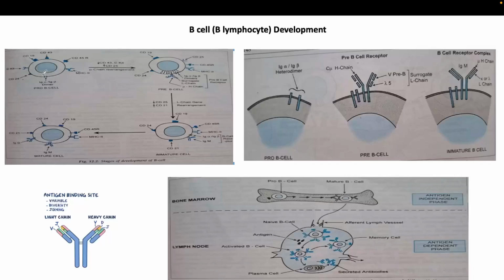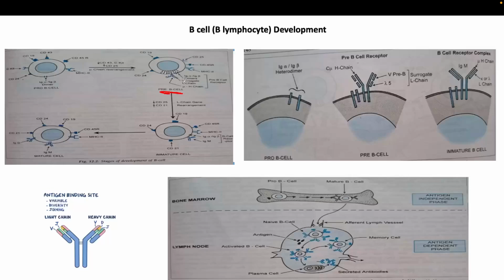That's why the heavy chain rearrangement takes place here, and once it takes place it will give rise to the pre B cell. Other markers remain the same, only the heavy chain synthesis is completed, and simultaneously the light chain synthesis is starting.